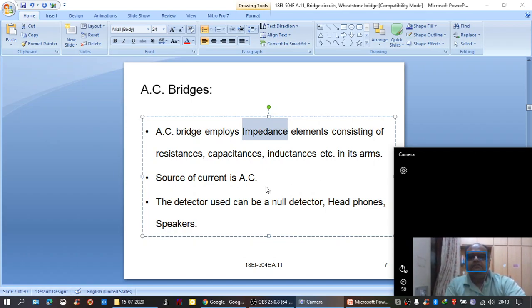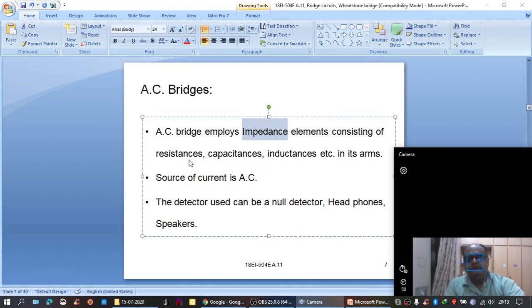And here the source of current is AC. What happens when a DC source is applied? When a DC source is applied, resistance produces an appropriate voltage across it.